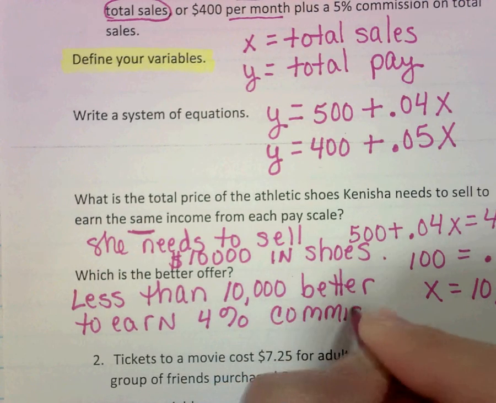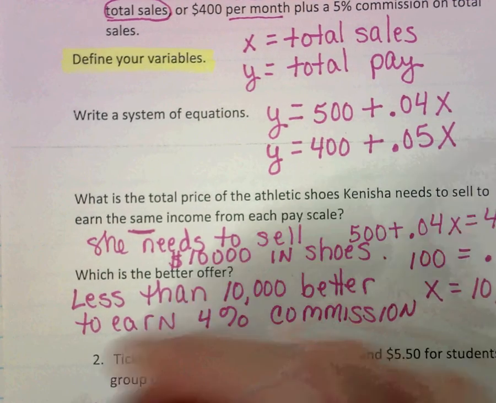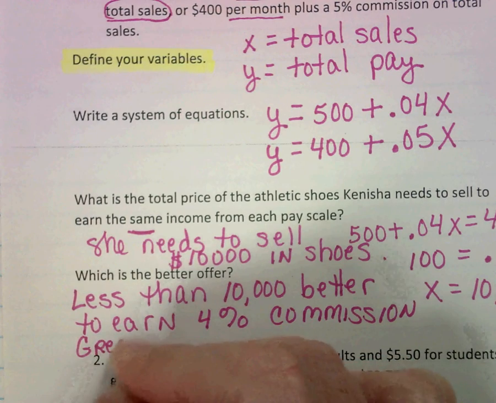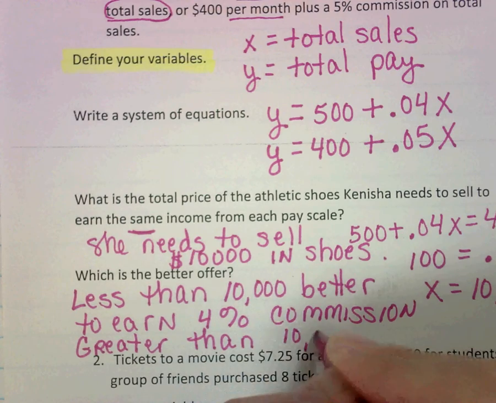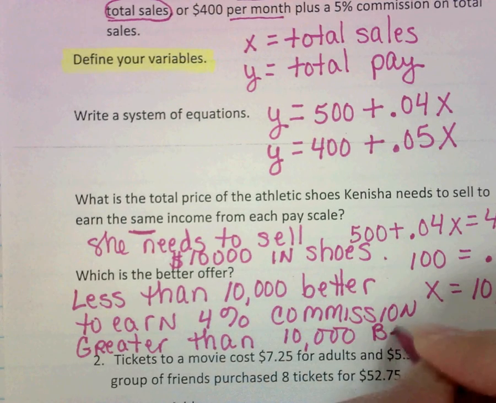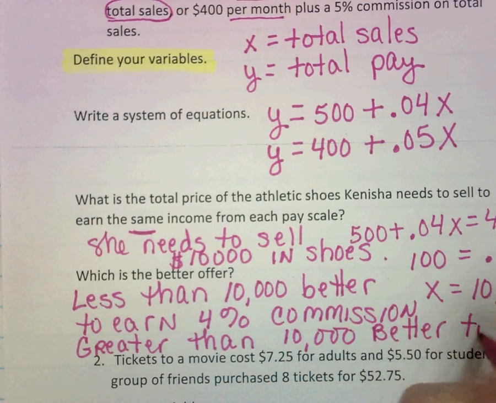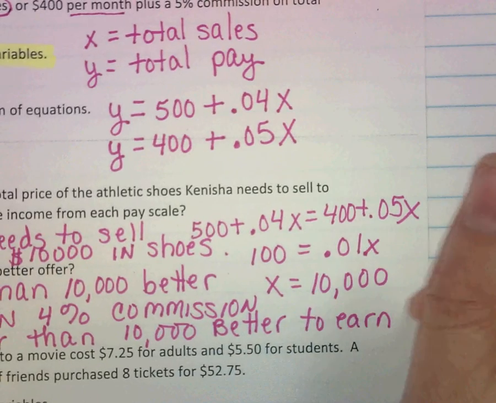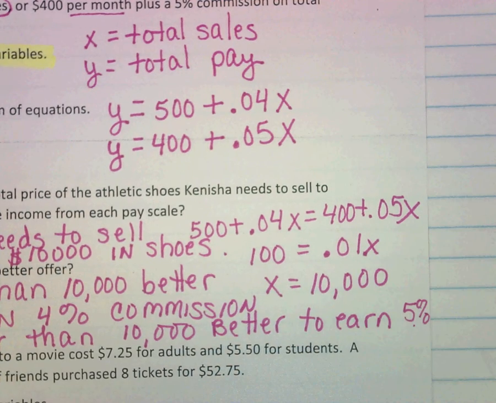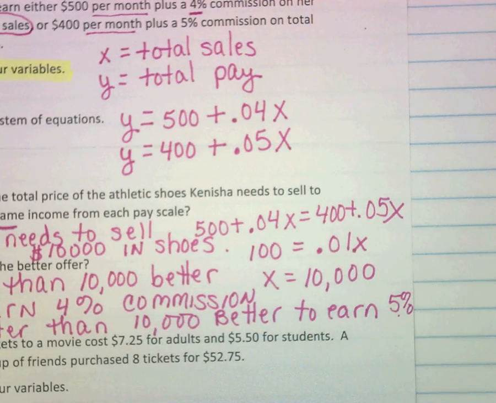But greater than $10,000, it's better to earn 5%. And so we need to take that into account when we look at our situations. What we're selling, what we need is dependent on what's going on. So just depending on what you have depends on what the better offer would be.